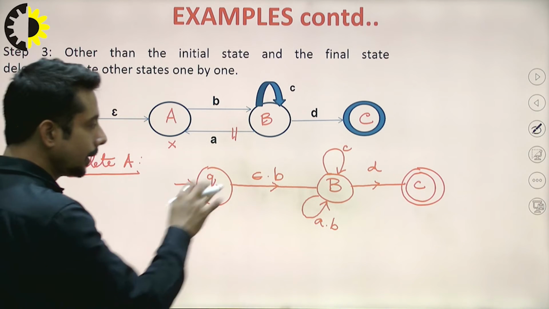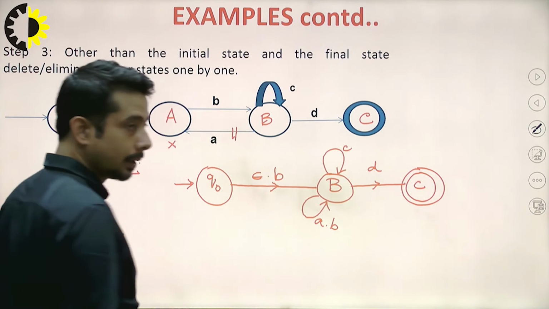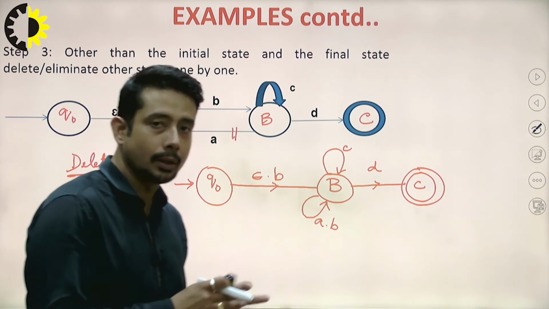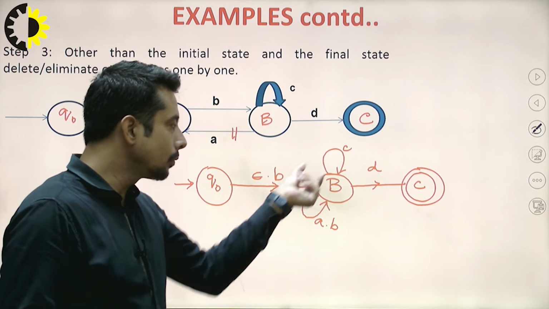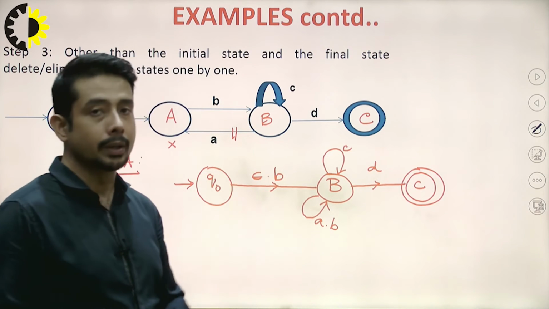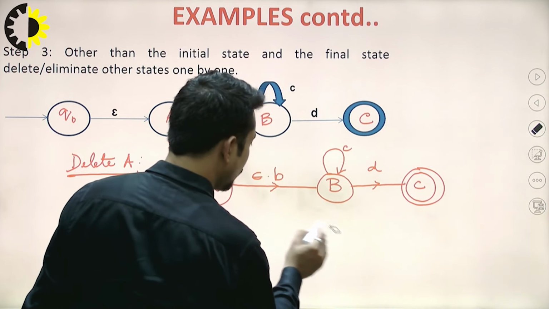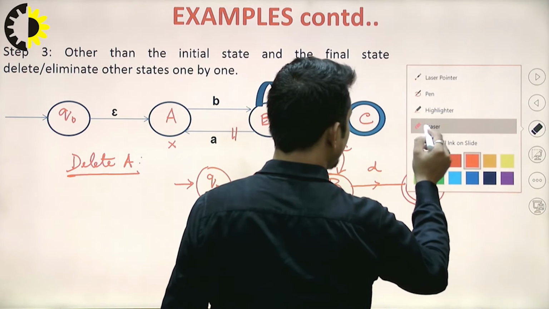So if I have to delete B now, first of all, before deleting this state, you need to check whether more than one self loop is there or not. If it is there, then combine them together. Okay, let me combine it into one.